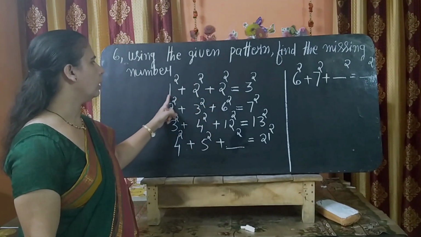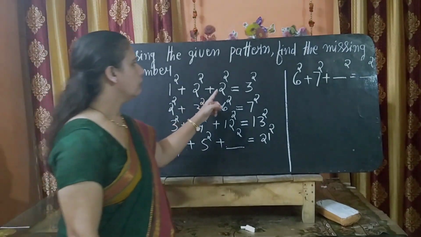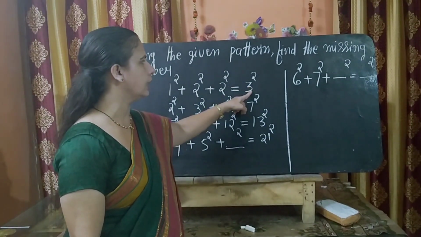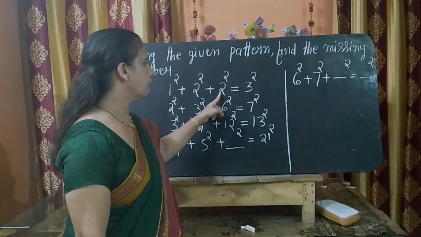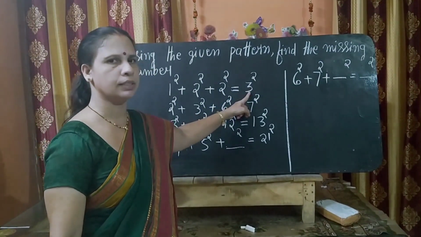That means 1 into 2 equals 2. Then if we add 1 to this base, we will get the right side base.